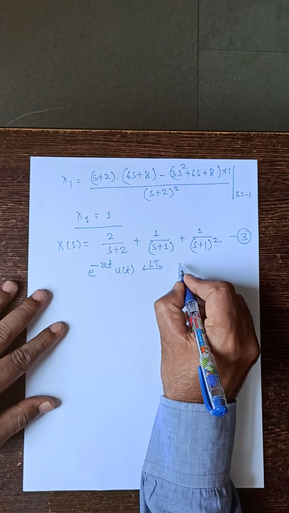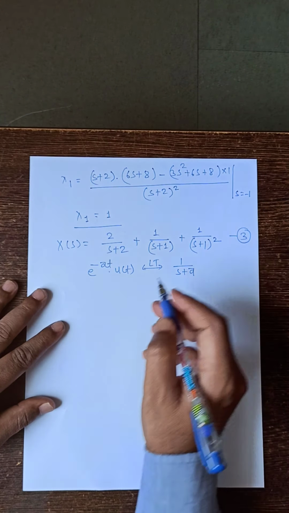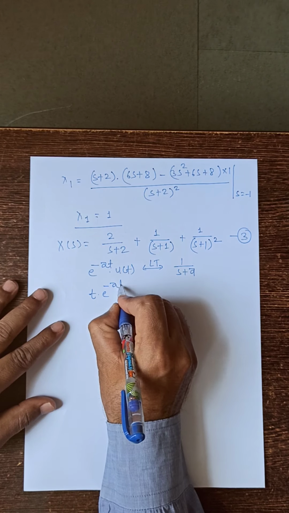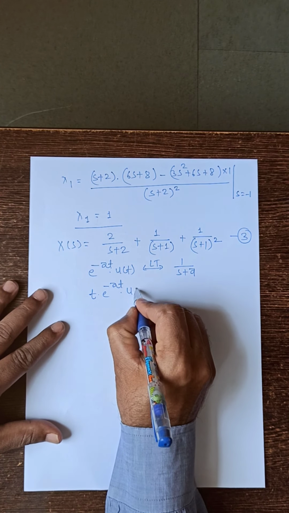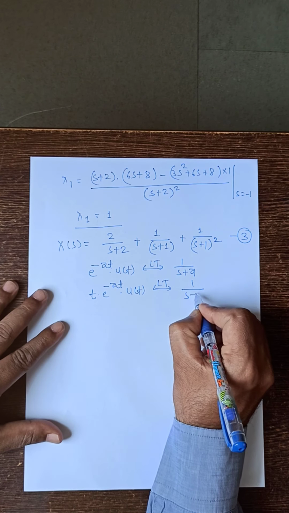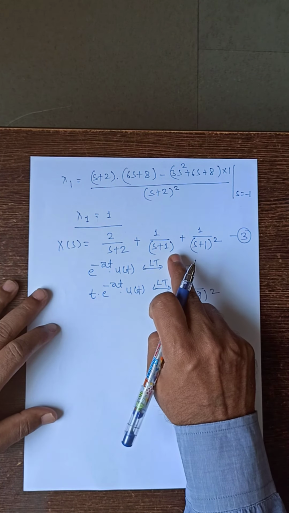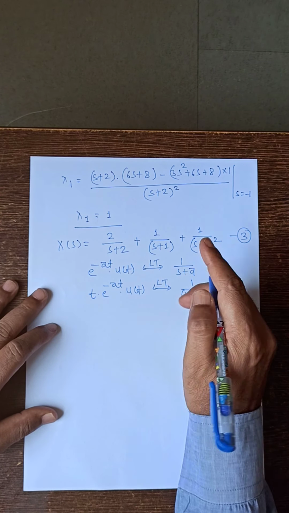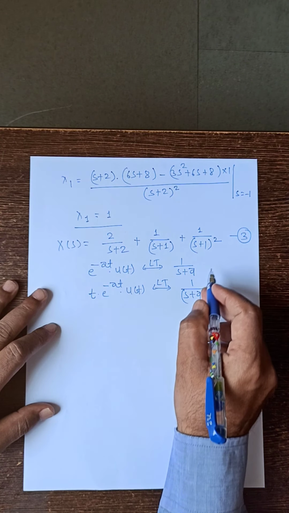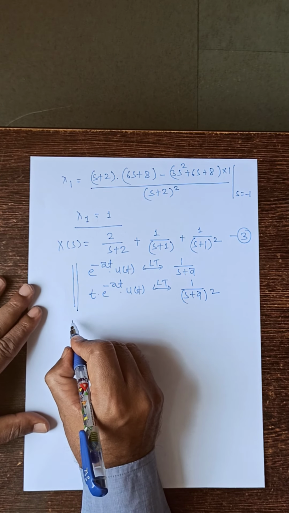The Laplace transform pair is 1 divided by (s plus a), and t into e raised to minus at into u of t has Laplace transform pair 1 divided by (s plus a) squared. In this case a equals 1 and here a equals 2. So using these identities, we'll find the inverse Laplace transform.